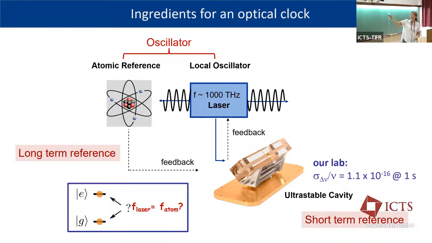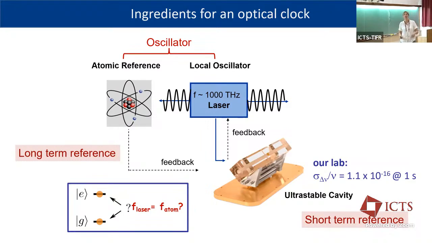Now if I compare this frequency with my clock in Braunschweig in Germany, with the same atomic clock in Tokyo or in Pune, I can always be sure that the frequency is the same because I'm following the same kind of atom.